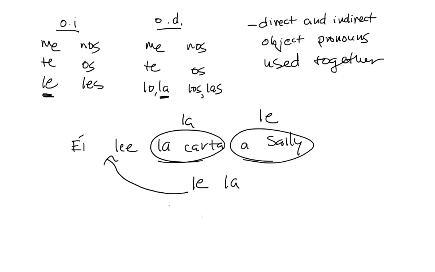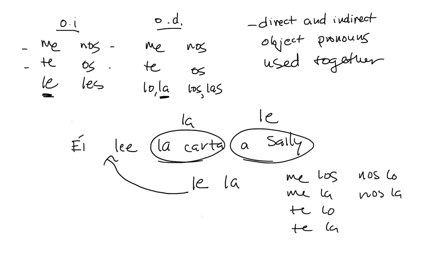Now, with most indirect object pronouns, that is with me, te, nos, os, they are fine. You can put those before a direct object pronoun. That is, you could have me lo, me la, or whatever it might be, te lo, te la, or nos lo, nos la, or these could be plural too, me los, me las, te los, etc. Os lo, os la, nos los, nos las.